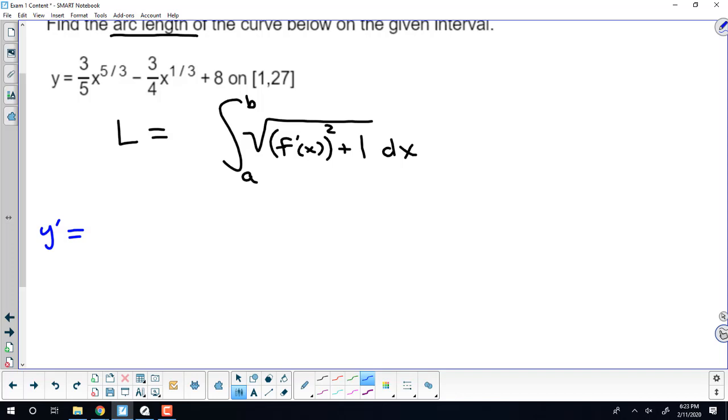It's (3/2)x to the 2/3 minus (1/4)x to the negative 2/3. What do y'all think? Okay, there's y prime.